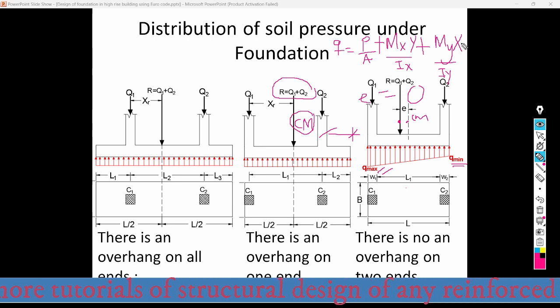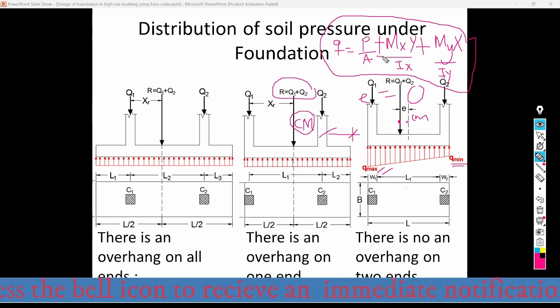And y and x are the location of the point with reference to the centroid, the center of the foundation. So this is the flexure formula that can be used to calculate the soil pressure at any point.